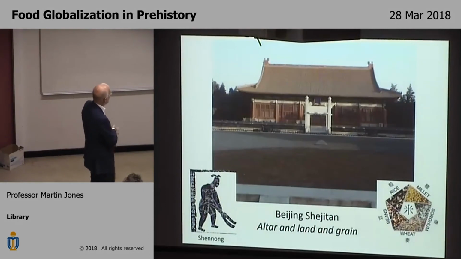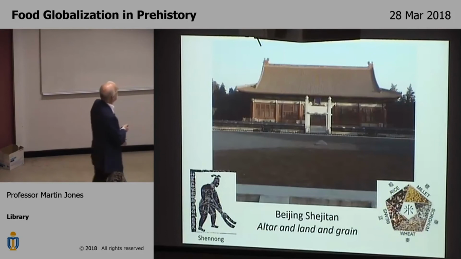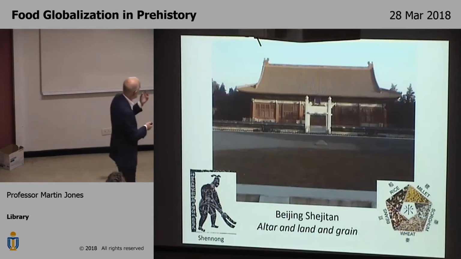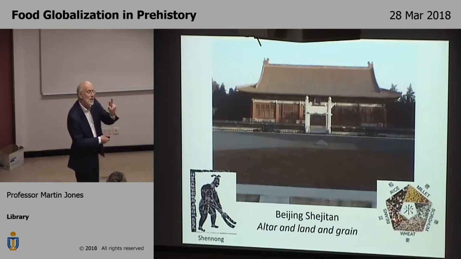And you get something similar going on if you go into the later periods in China. This is just the god of agriculture, Shennong, over here, but you get these Wugu traditions, these 5-grain traditions, and the actual 5 grains in the 5-grain tradition are not always the same grains, but they always are a combination of local grains and exotic grains.